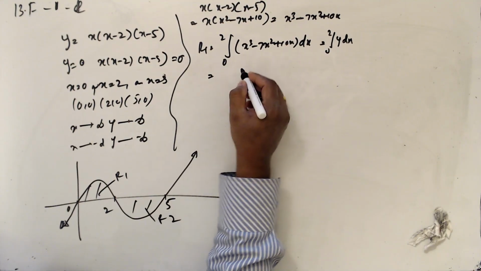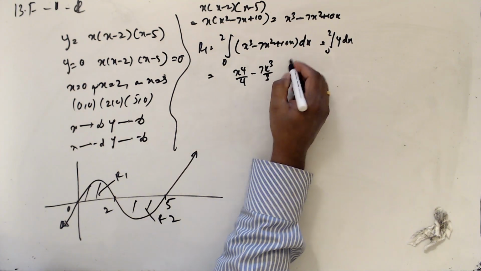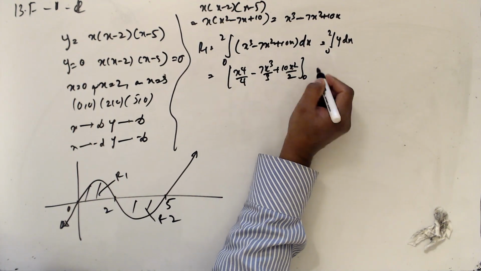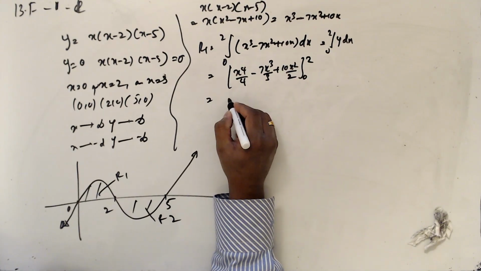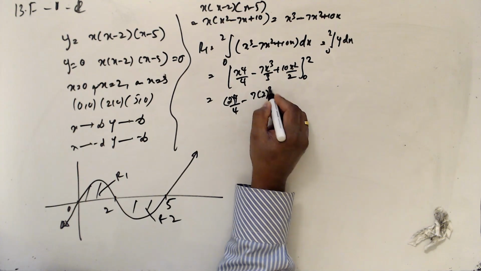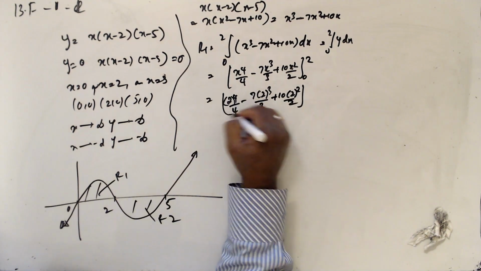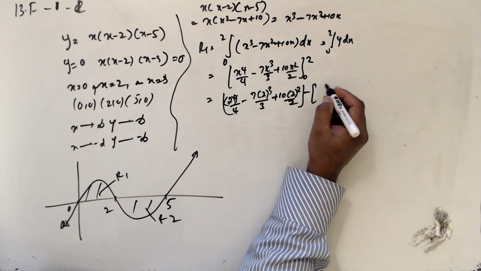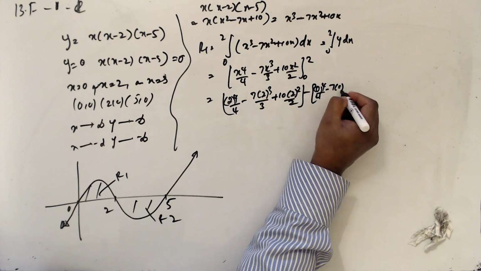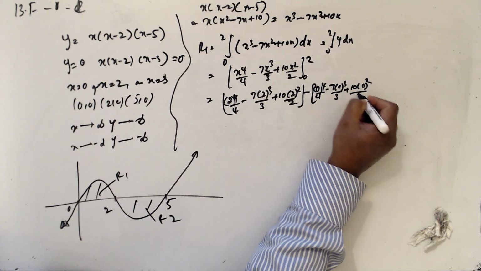So we'll calculate x4 over 4, minus 7x cube over 3, plus 10x square over 2. So this is from 0 to 2. Then 2 to the power 4 over 4 minus 7 times 2 cube over 3 plus 10 times 2 square over 2, minus 0 to the power 4 over 4 minus 7 times 0 cube over 3 plus 10 times 0 square over 2.